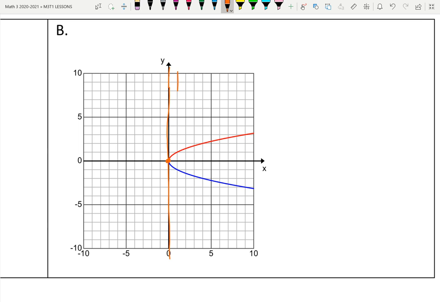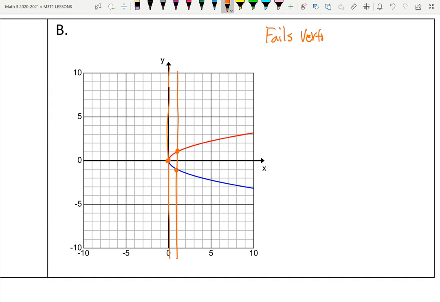If it fails one time, that automatically disqualifies it. So what this would be determined is it fails the vertical line test. And what this implies is that the graph is not a function.